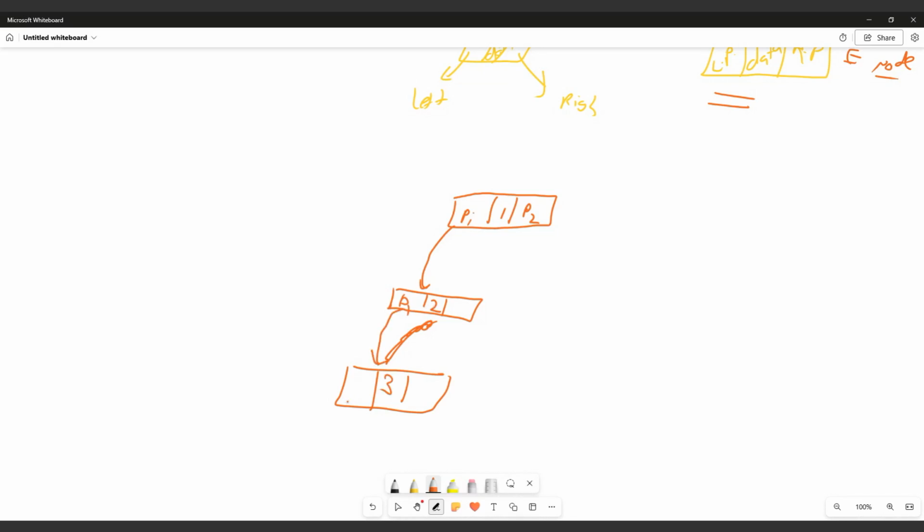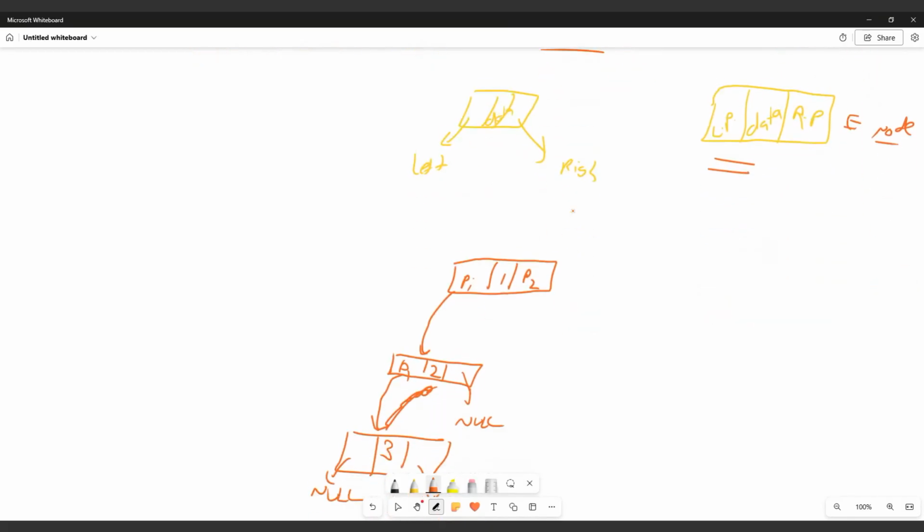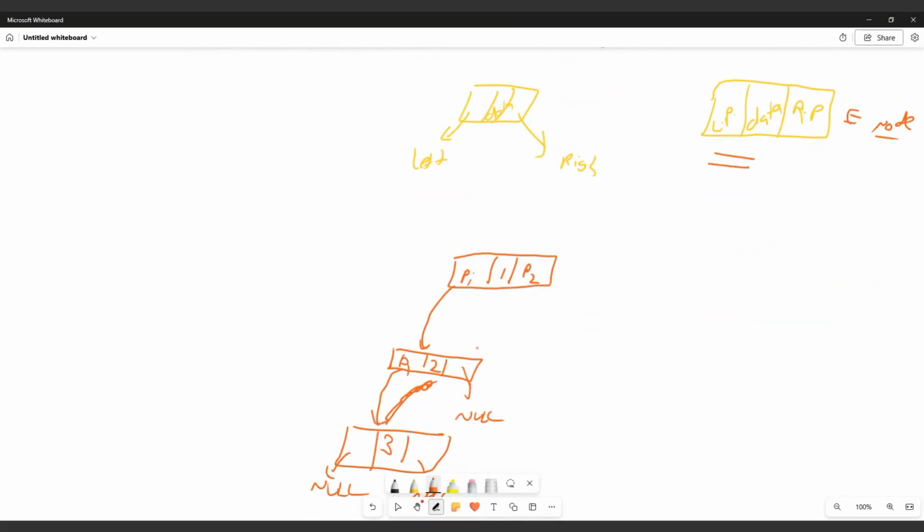In this, there is a 3, and this pointer is pointing to what? Null. Again, this pointer is pointing to what? Null. So the node structures for this simple data structure look like this, with pointers pointing one by one. Again, the right pointer is pointing to the node in which we have 4. There are again left P2 and P3, and again they are pointing to what? Null and null.